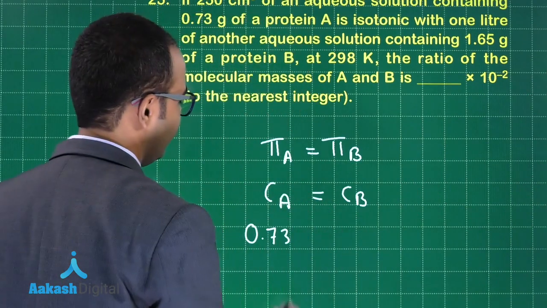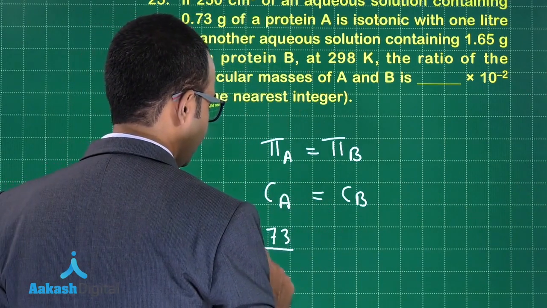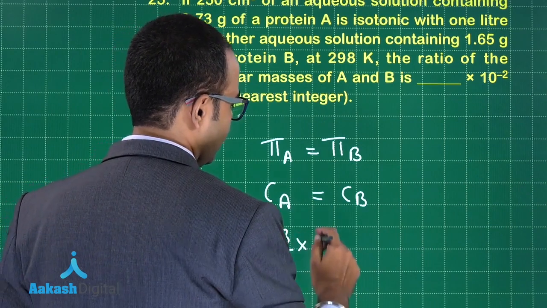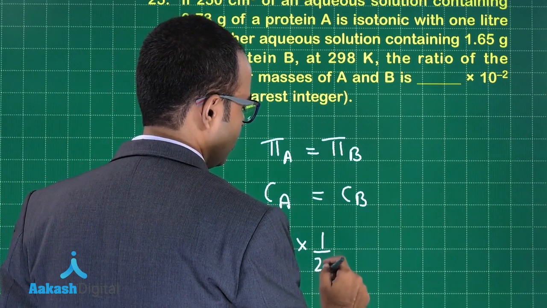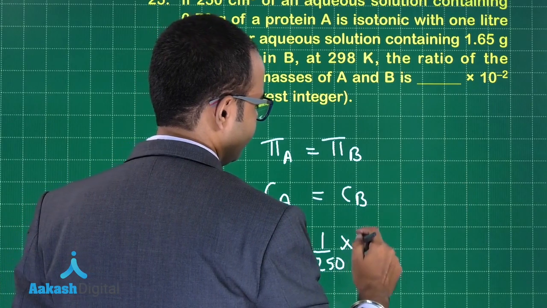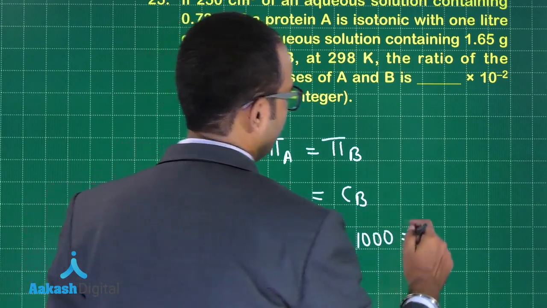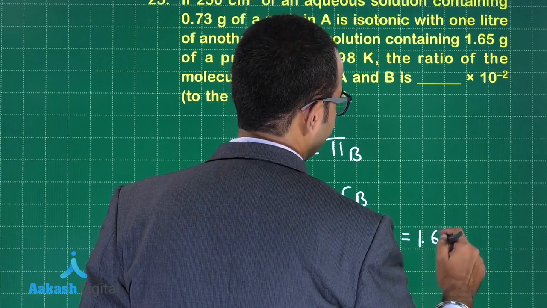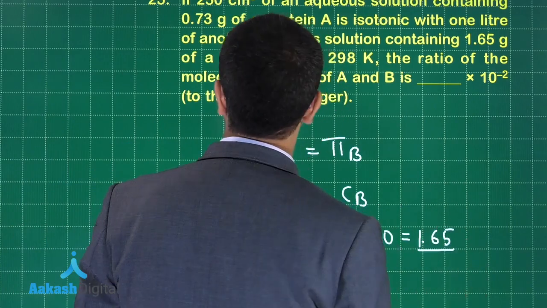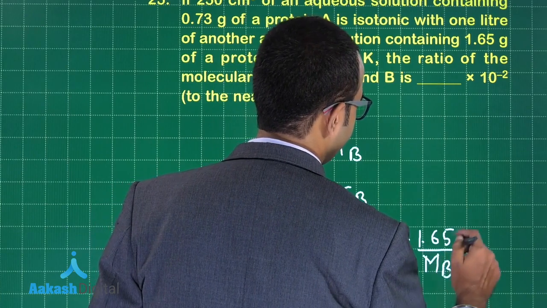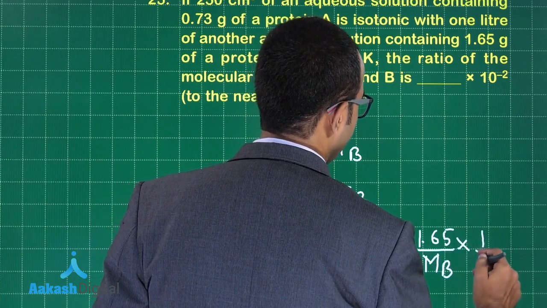This will be 0.73 divided by the molar mass of A into 1 upon 250 into 1000, that is equal to 1.65 divided by the molar mass of B into 1 upon 1.